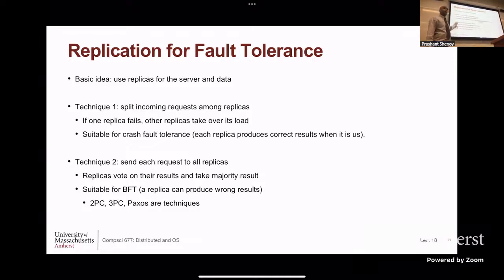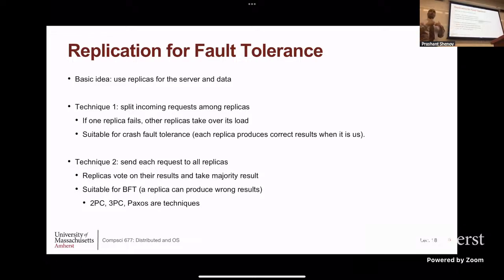And the second approach for implementing fault tolerance, which is what we are talking about, is you always send the request to all the replicas. You take a majority vote, and then the result is what is sent back. So this is the other way to do replication, where every request is sent to all. In the previous case, the request is sent to one of the replicas, they execute it and send back.